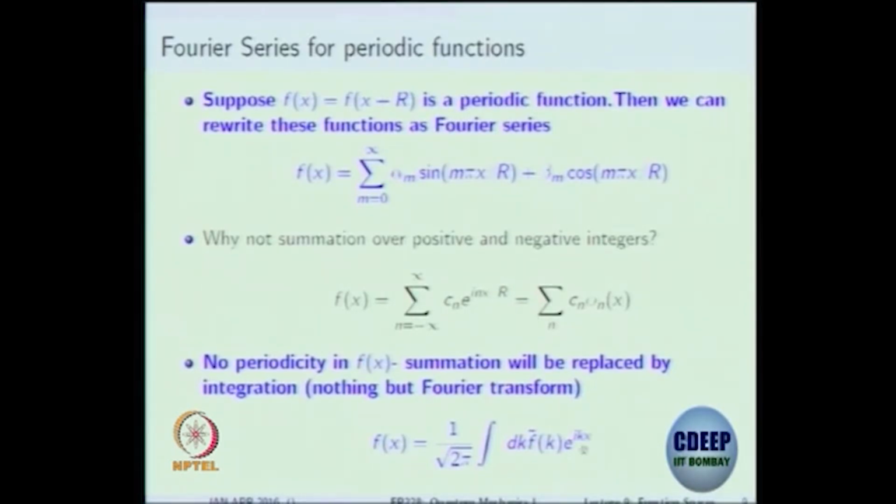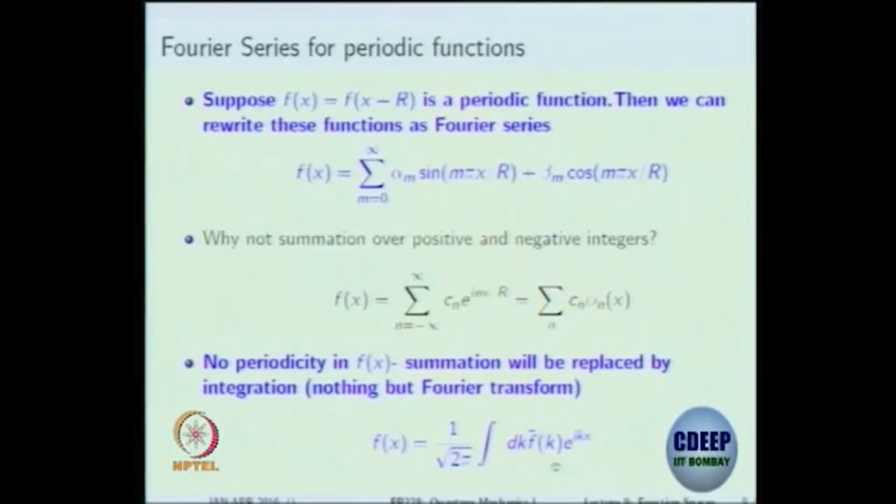The same thing here: f tilde of k is the inverse Fourier transform, which is the star of this, e to the minus ikx, multiplied by f of x, integrated over dx. It's as straightforward as it can be. If I want to find f tilde of k, that is the coefficient in the superposition. You need to take the star of this basis function with f of x and integrate.